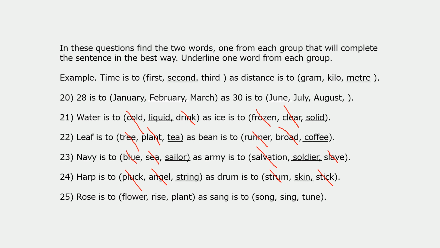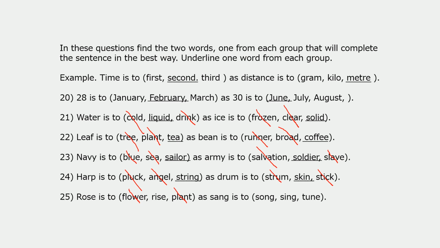Wait, that doesn't match up. A sang is a verb. So we need to think, does rose have any verb meaning? Yes, it does. It means something to rise out of the ground, doesn't it? So we know that it can't be anything to do with a flower or a plant. So that leaves us with rise.